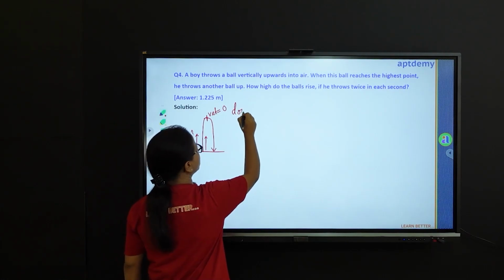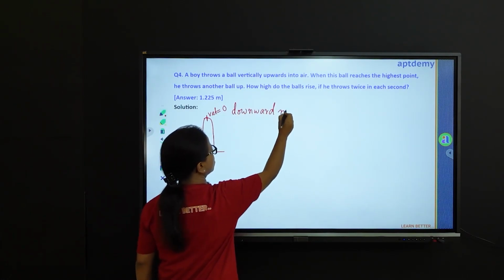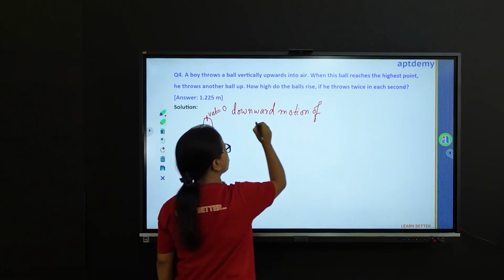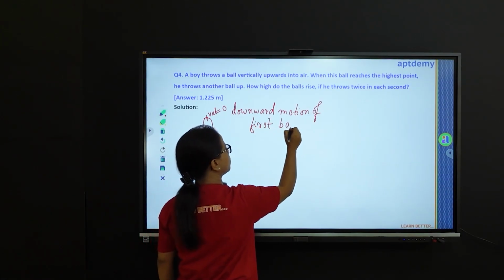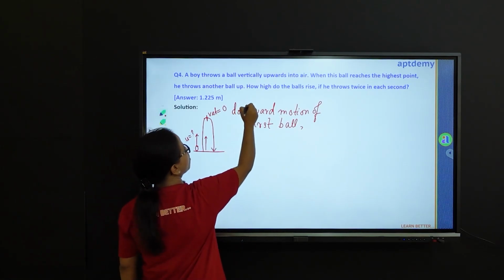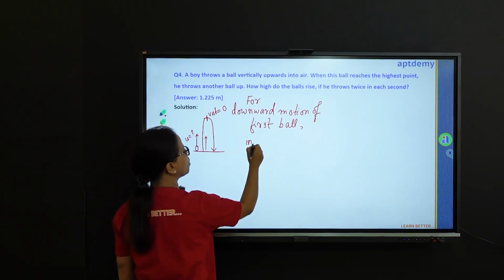We shall concentrate on the downward motion of the first ball. For this downward motion, what all things do we know? We know the initial velocity of the ball.